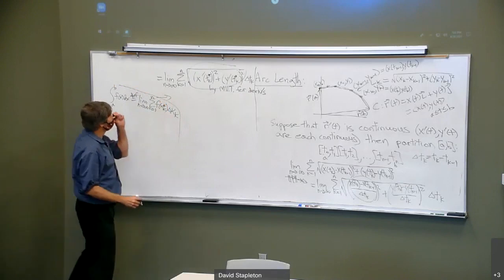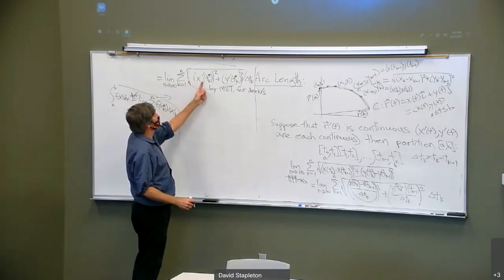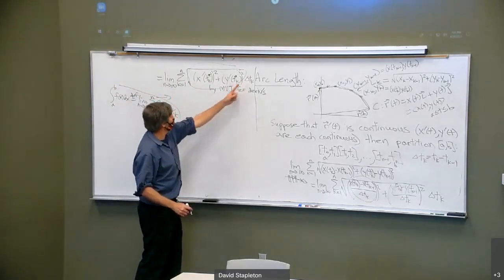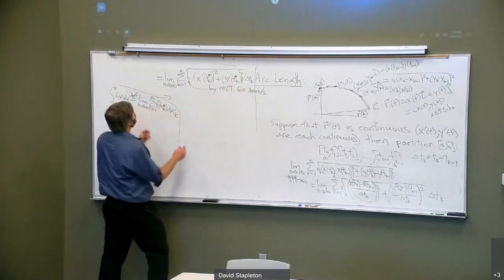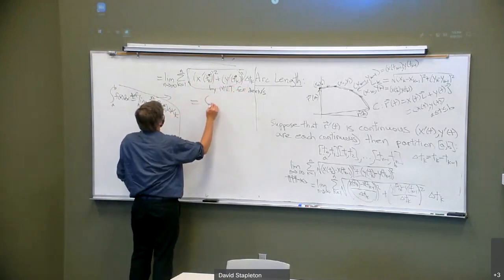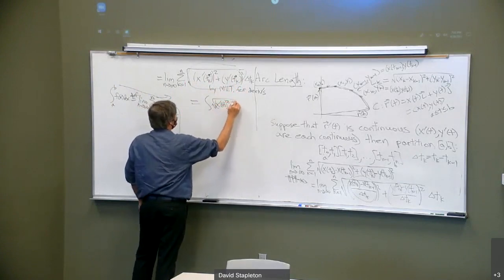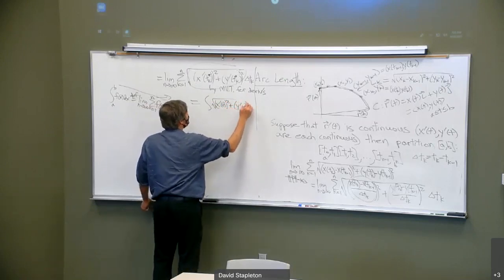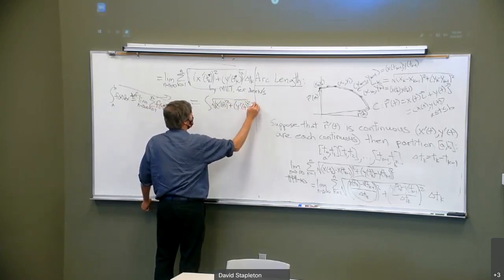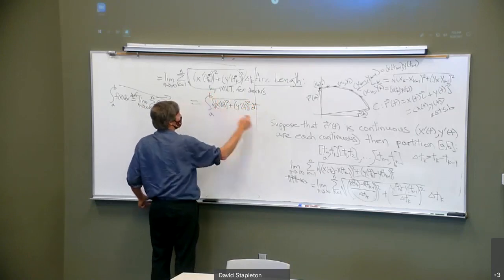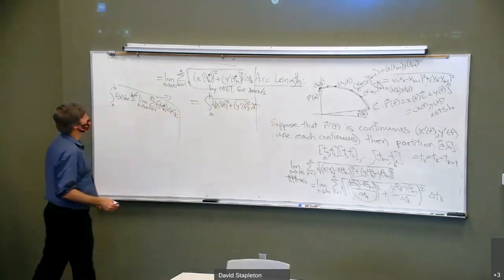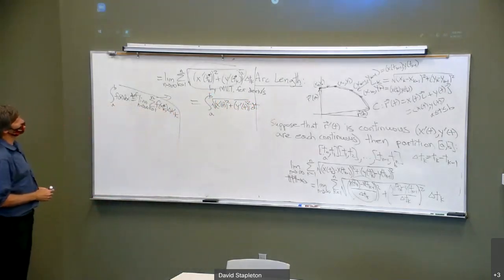We apply it here. This is the limit of the sum of a function of tk star times delta tk, so it's the integral with respect to t. By definition, this is the integral of this function evaluated at t, the square root of x prime of t squared plus y prime of t squared, dt, going from a to b, the interval of t values. There's the arc length formula.